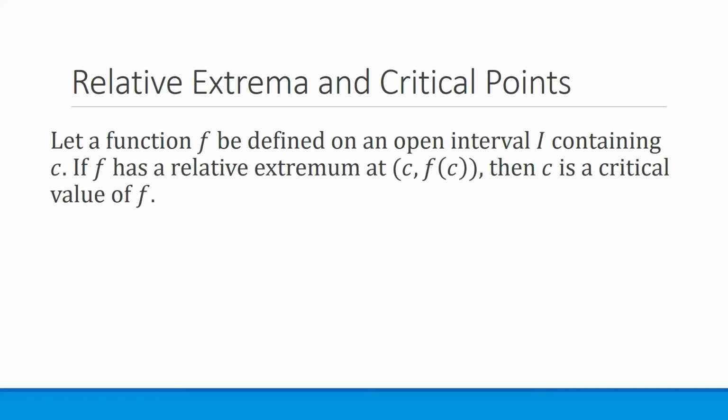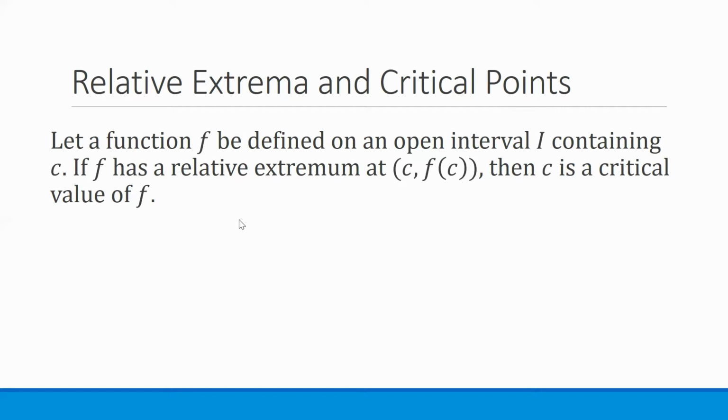That's pretty amazing. If I know my critical values, then I can test for the relative extremum. So my relative extremum happen at critical points or critical values. Notice what I said. I did not say all critical points are relative extremum.